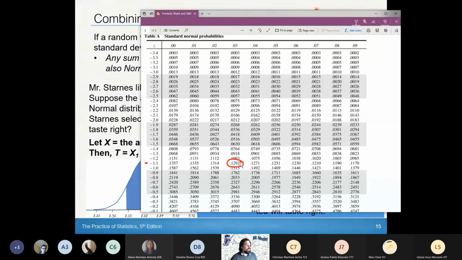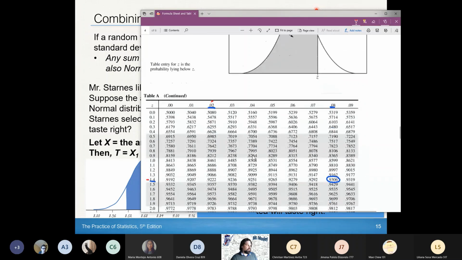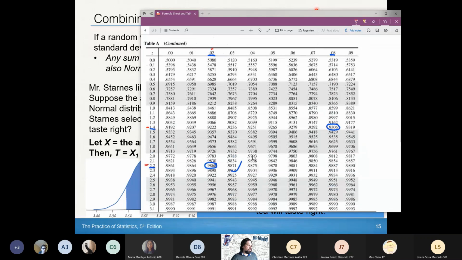Then the upper bound was 2.0, so we go to the positive side of table A. Sorry, I have other scribbles on here. And we find 2 right here, and it's just 2.00. So we go to the 0.00, and we get 0.9772.